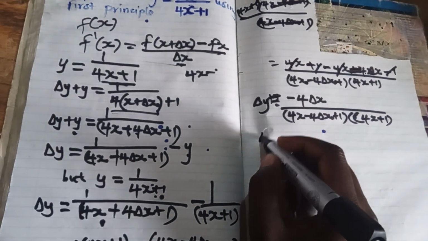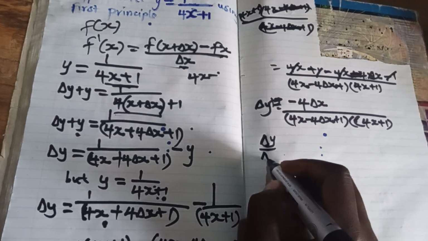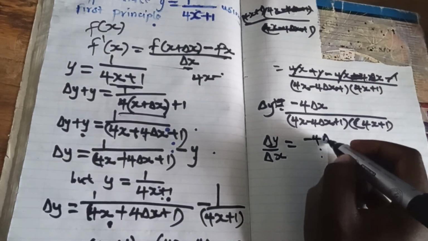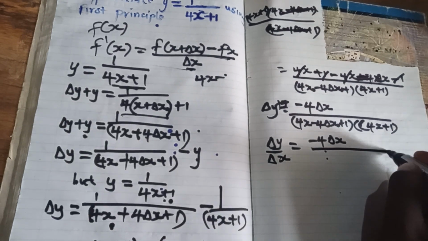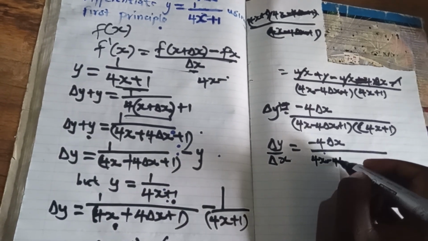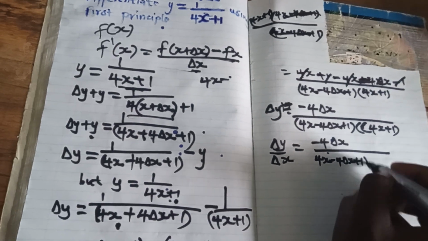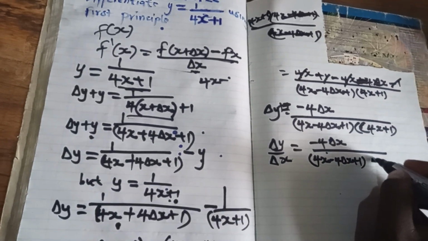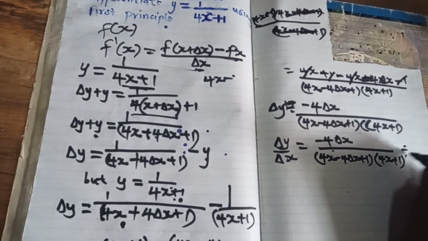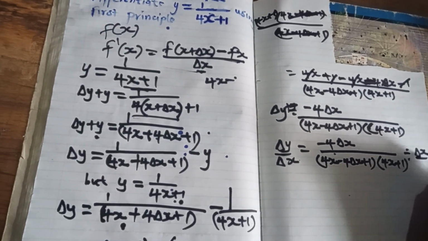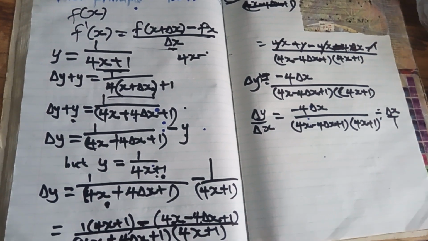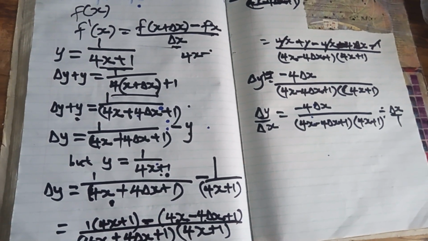So it will be change in y over change in x being equal to negative 4 change in x all over 4x minus 4 change in x plus 1. Then this one will be 4x plus 1. We divide through by change in x, which is the same as over 1. Are we getting it? Let us now evaluate this.